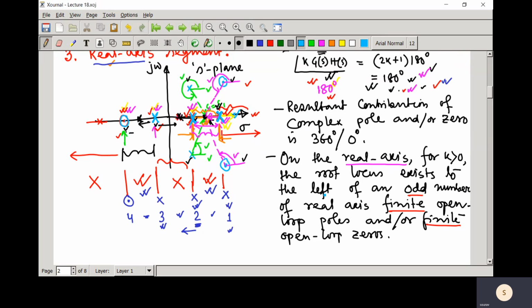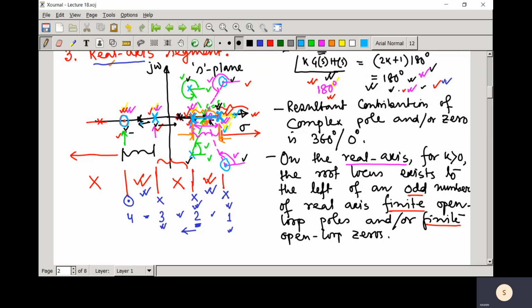According to this statement, the root locus exists to the left of an odd number. So this is 1. So left to this odd number means this portion. Now if you come here, now you can see on the right you have two numbers. So that is not odd. So that means this portion does not belong to that root locus.